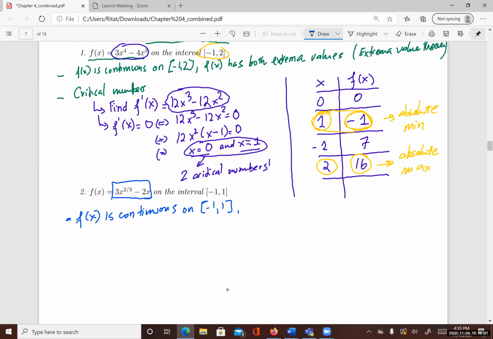So f of x has both extrema values. Okay, now just go find it.